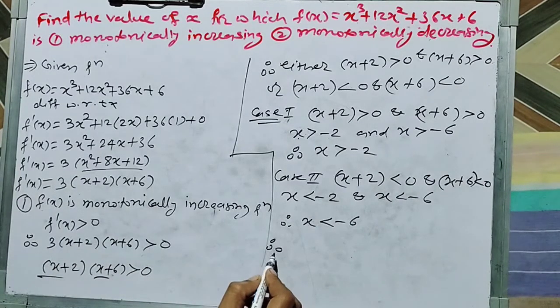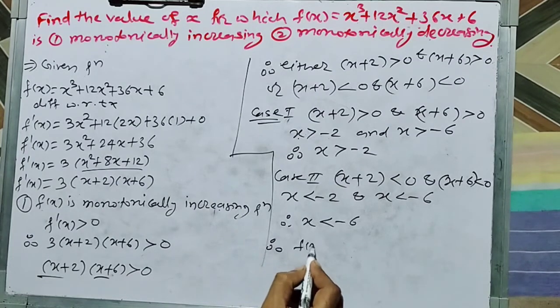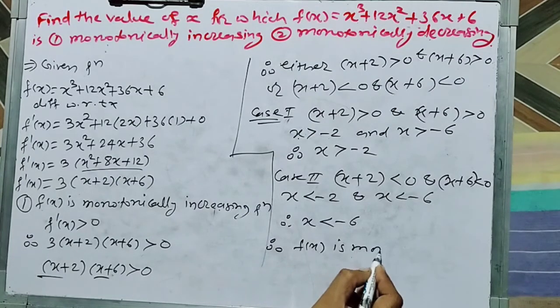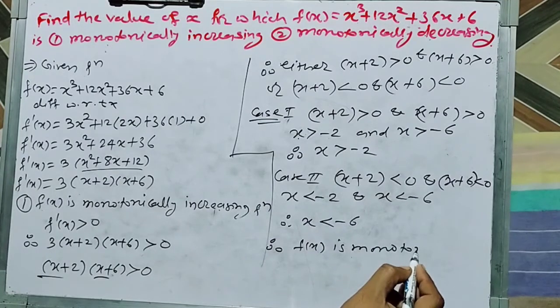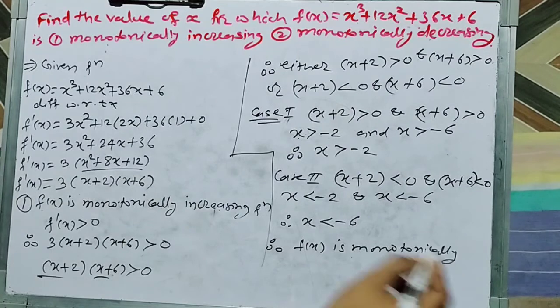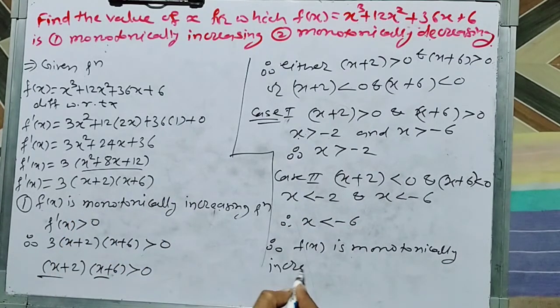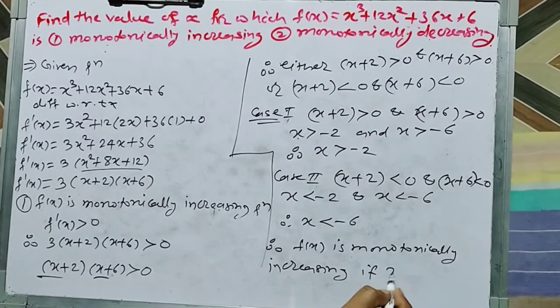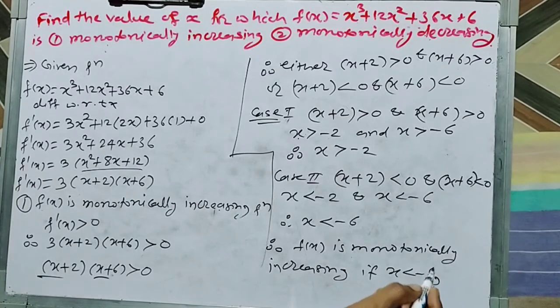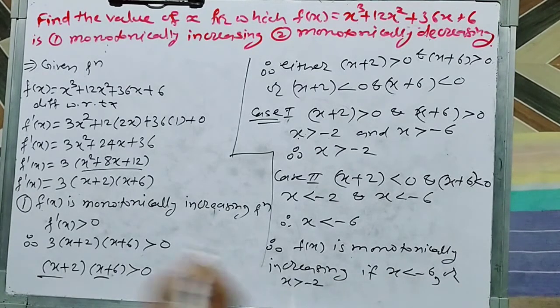So therefore f of x is monotonically increasing if x is less than minus 6 or x is greater than minus 2.